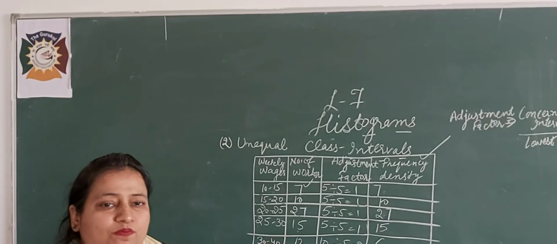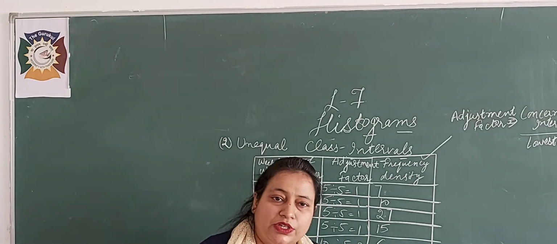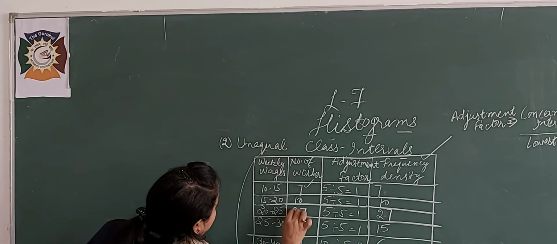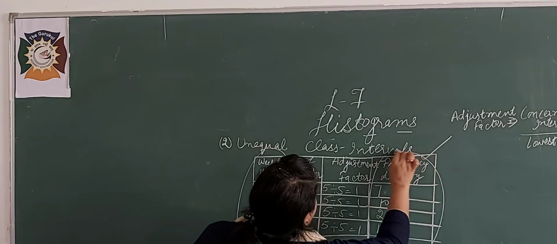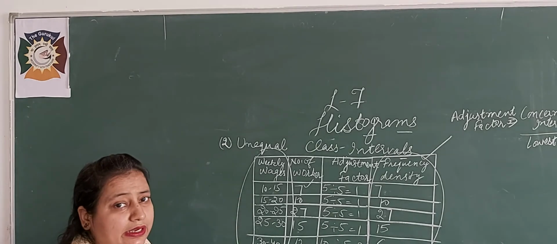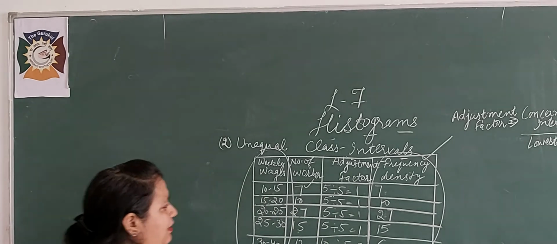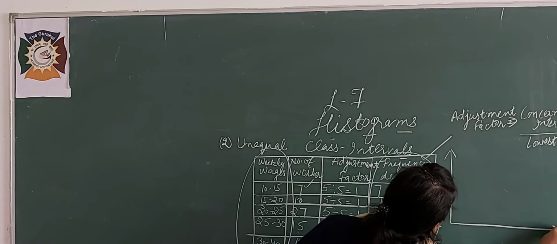What we shall do? We shall show these two terms on the histogram: one is weekly wages, second is frequency density. Now you can show easily in the histogram.